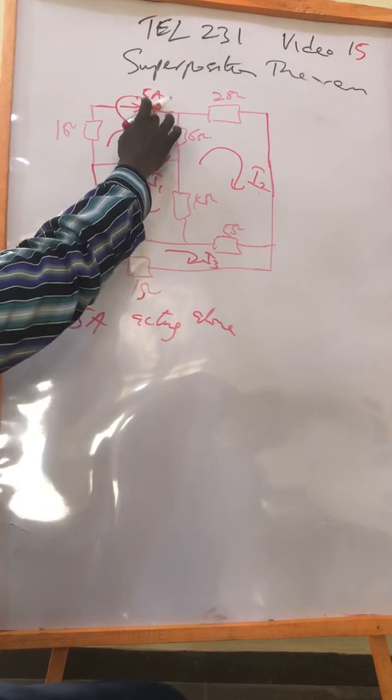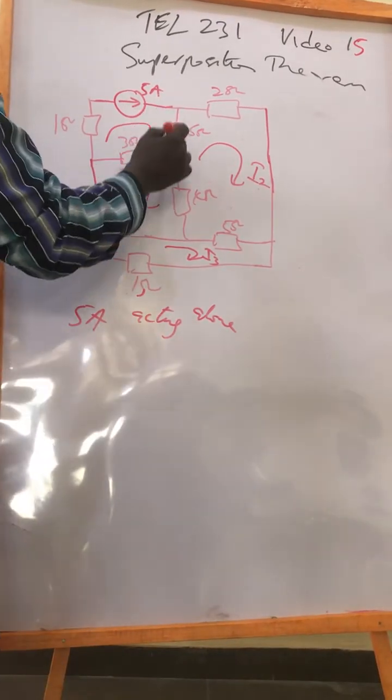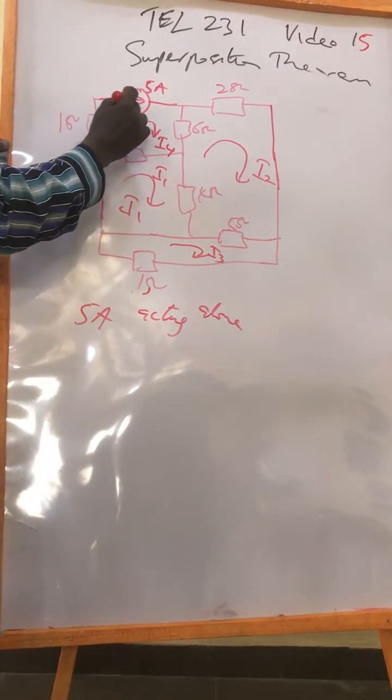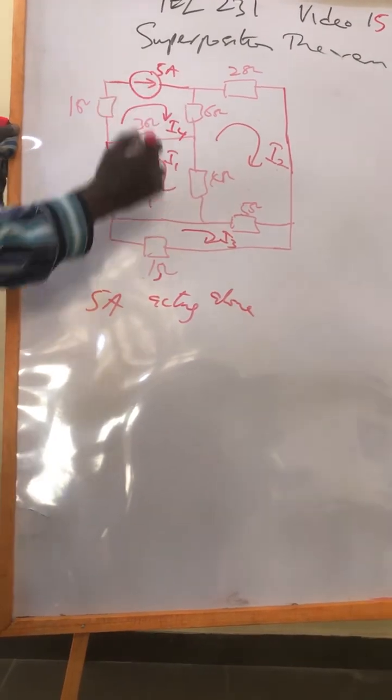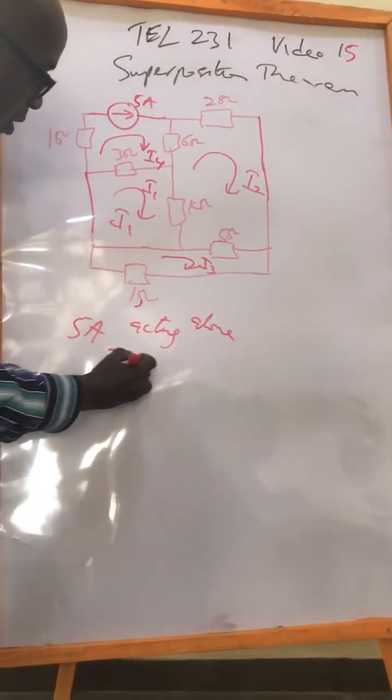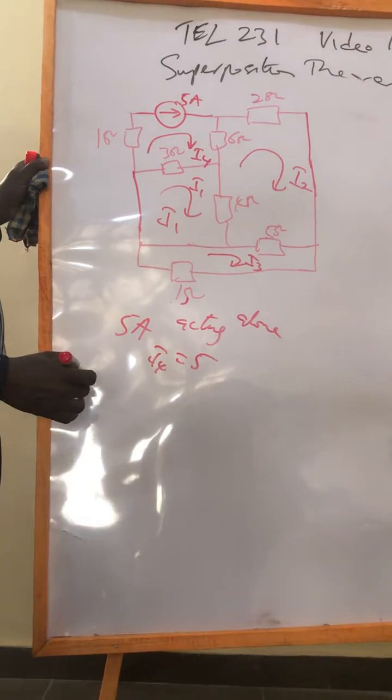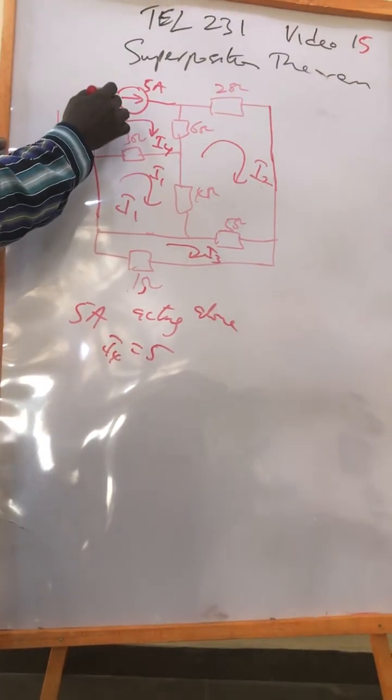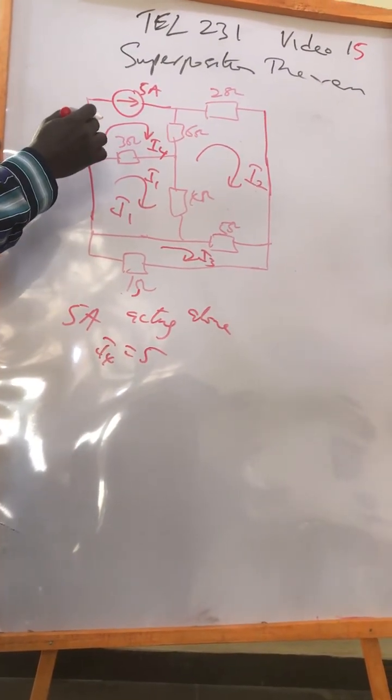Let's take this mesh. Since I4 is here, and this current source, which is 5 ampere, is also here, I4 must be equal to 5 ampere, because a current source dictates the current passing through it.